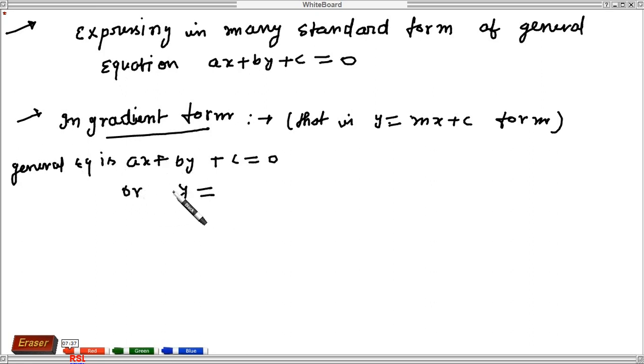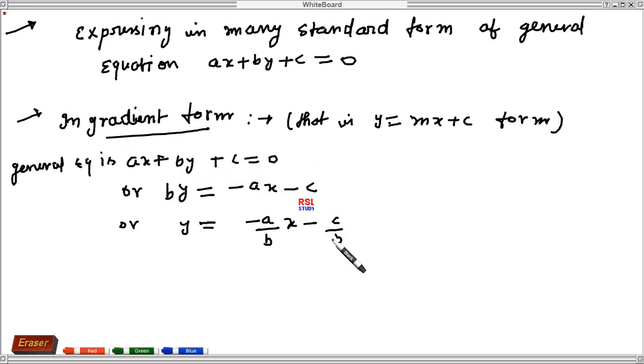So we will express this in terms of y. Taking by here and shifting minus ax and c towards the right side, this will become like this.